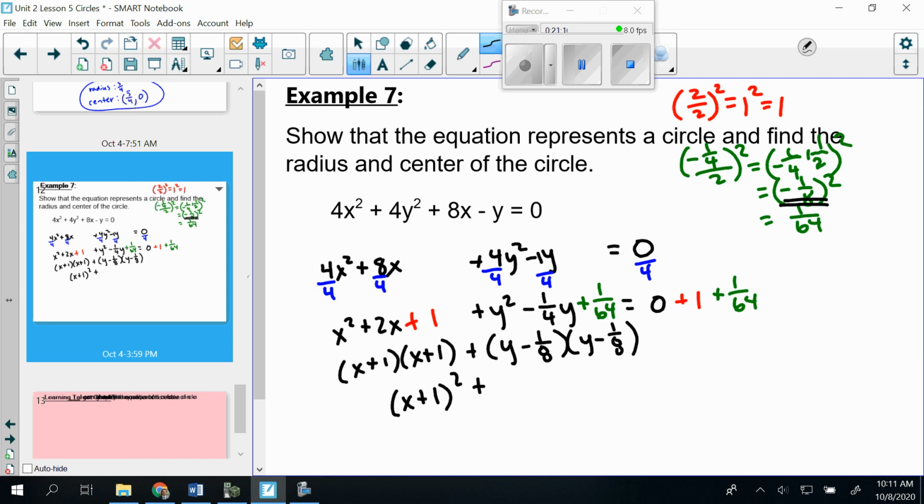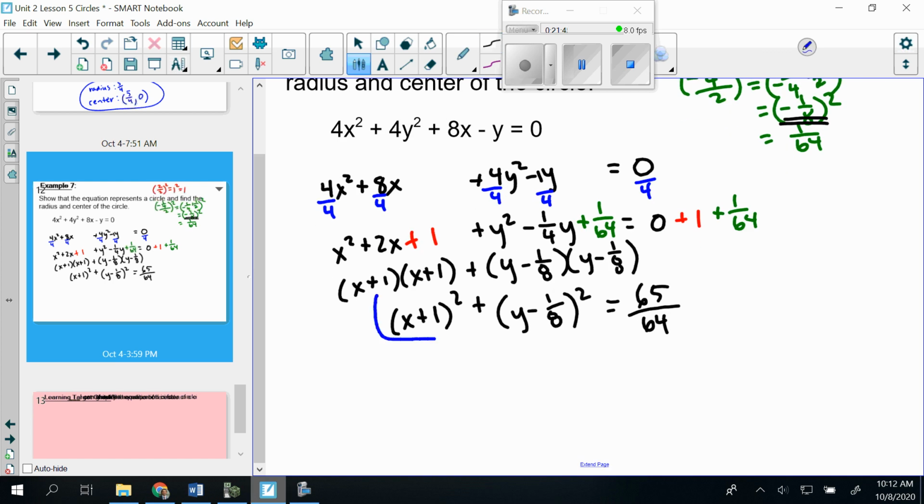If you add those, you get negative 1/4. So this is going to be y minus an eighth squared equals, now we got to add up those terms on the right side. 1 plus 1/64, we need a common denominator. 1 we can think of as 64/64 plus 1/64 is 65/64. All right, so now that's the equation of this circle.